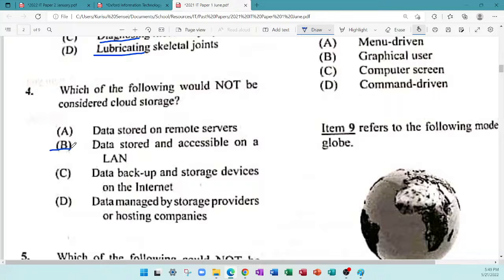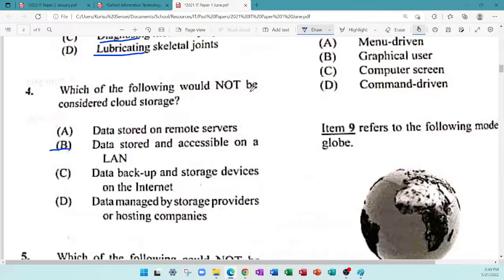So if Akila and Kia live in two different cities, and Akila is storing data on Kia's computer, that could be her cloud storage. So cloud storage is basically having storage that is not near you, and you have to use the network in order to access it.